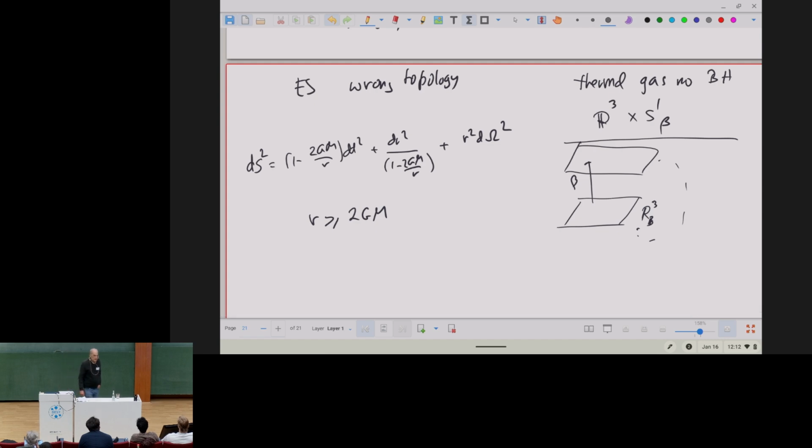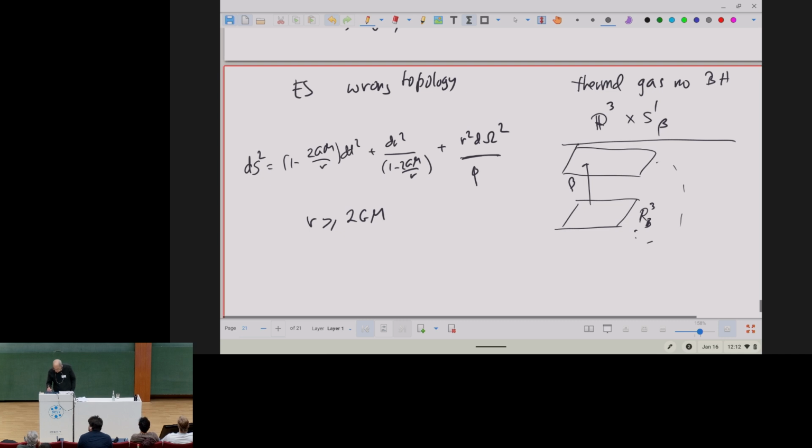When we decided it was a smooth geometry, we discussed the behavior at R equals 2GM, but we never let R become less than 2GM. So R is at least 2GM throughout this spacetime. That means we wouldn't change the topology if we replaced R squared d omega squared by 2GM squared times d omega squared, or any other constant times d omega squared. That wouldn't change the topology.